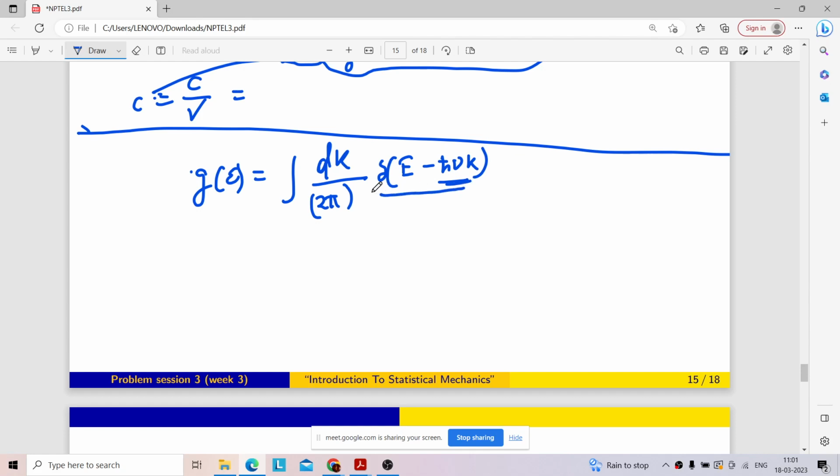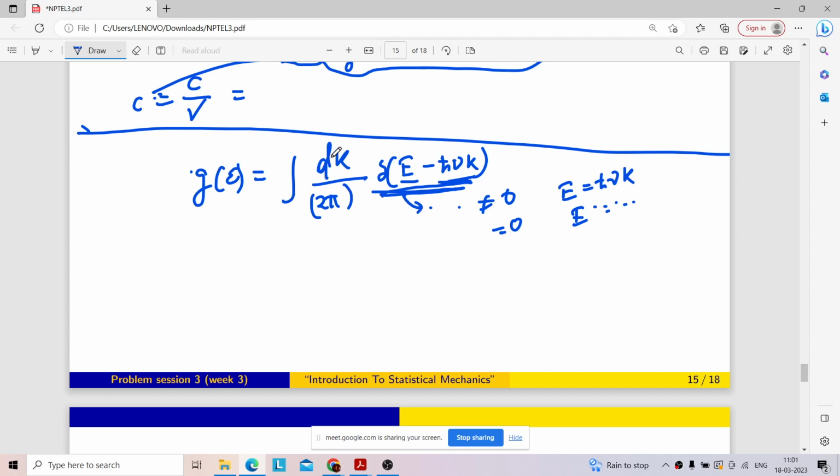What this delta function does is make sure that this dispersion relation is obeyed. That means this function will be non-zero if epsilon equals h cross nu k, otherwise it will be 0 for all other relations. So this delta function ensures that.